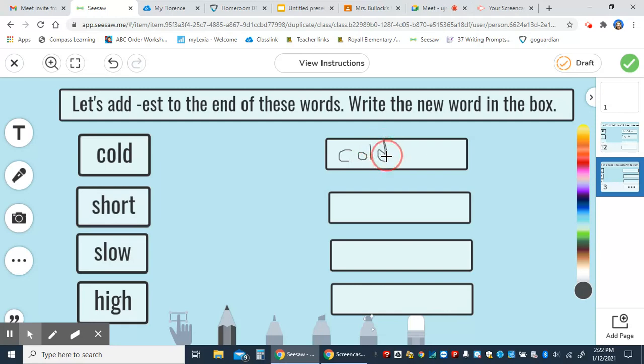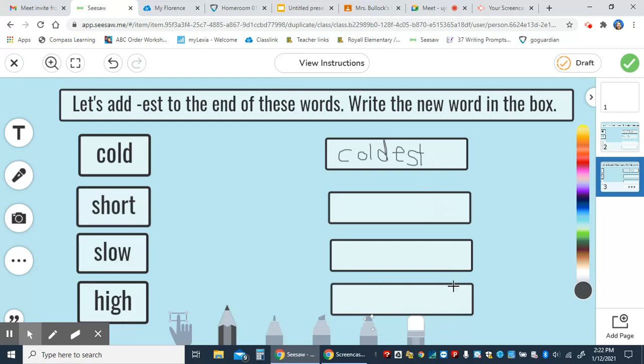I can simply write the word cold and then add my ending EST, coldest. Then I would do the same thing for short, to have shortest. I would do the same thing for slow, so I have slowest, and high for highest.